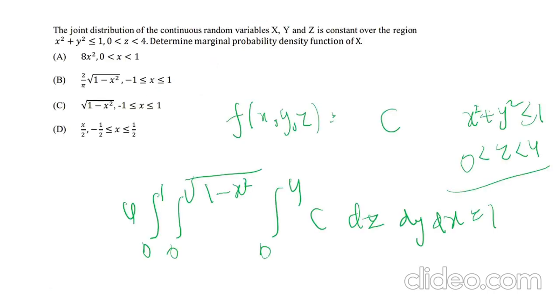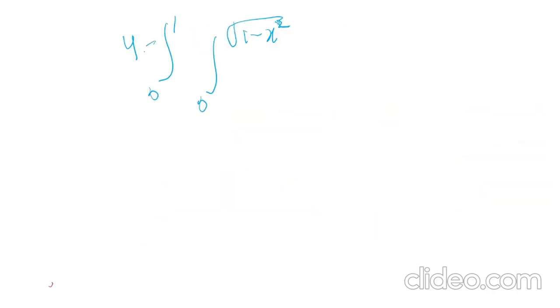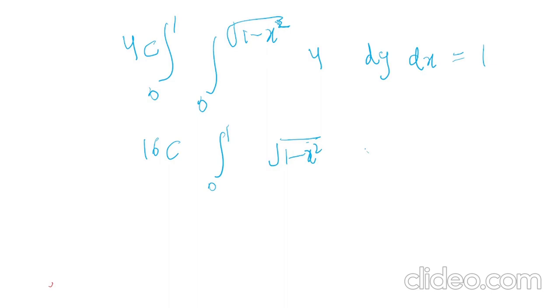C is constant, so we can take it out, and then the integral of dz will be z, which gives 4 again. It will be dy dx equal to 1. Then we will have 16c, integral from 0 to 1, and then for y, it will be root of 1 minus x square, and at the point of 0 it will be 0, dx equal to 1.